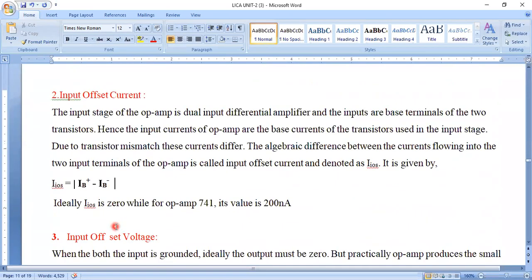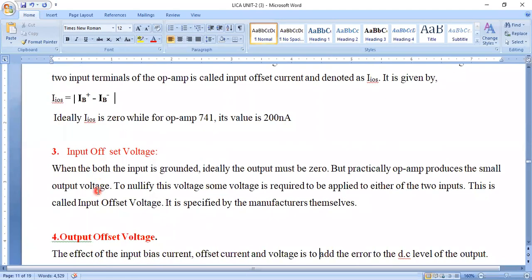In the last part we discussed input offset current, and what is meant by input offset voltage: if both the input terminals are grounded, ideally the output is zero. But practically it will produce a very small amount of output voltage.